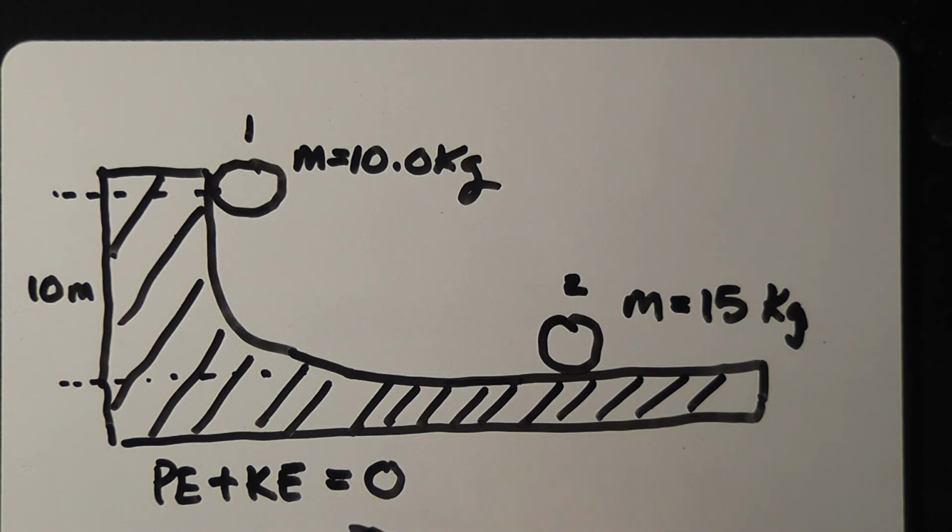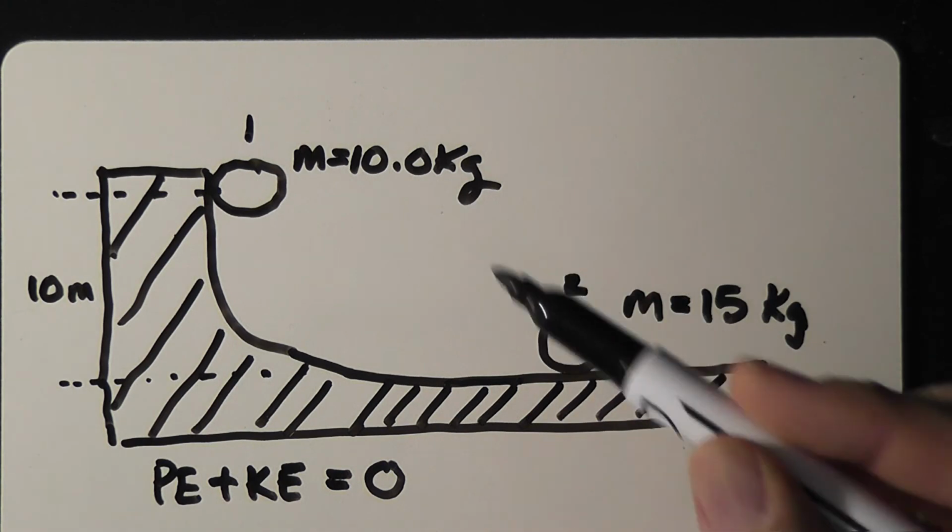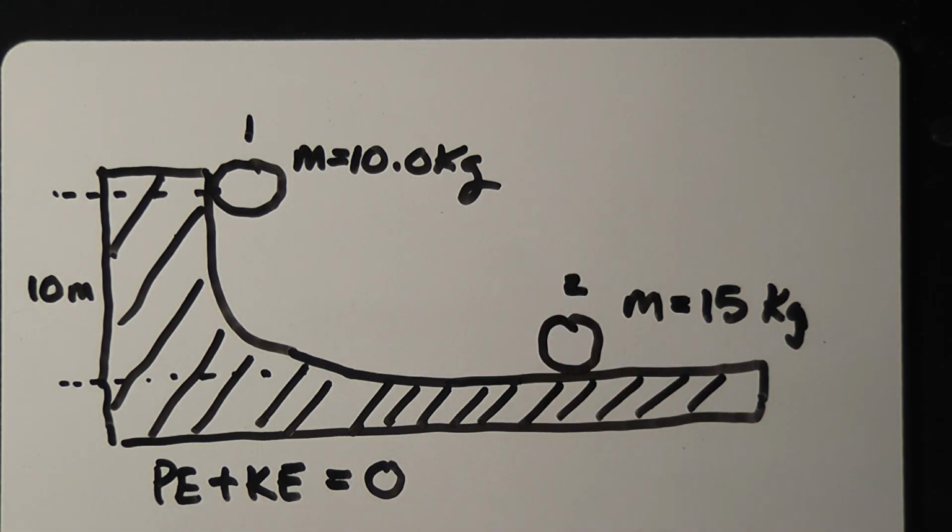So let's find the potential energy of ball 1 in its position. So potential energy, we'll call this 1, is equal to 10.0 kilograms times 9.8 meters per second squared, and the height, 10 meters.